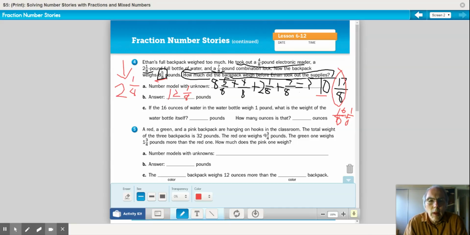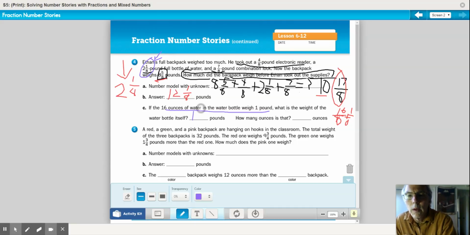So if the water bottle was 2 1/8 pounds, I'm going to change colors here. That water bottle was how much? 2 1/8. And the water that's in it weighs a pound. Then what's the actual weight of the water bottle? Well, if we take a pound away from 2 1/8 pounds, that just leaves us with 1 1/8.